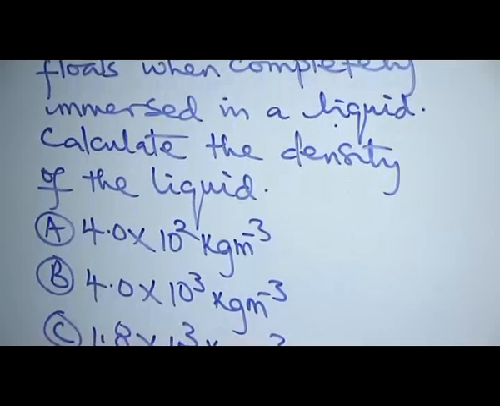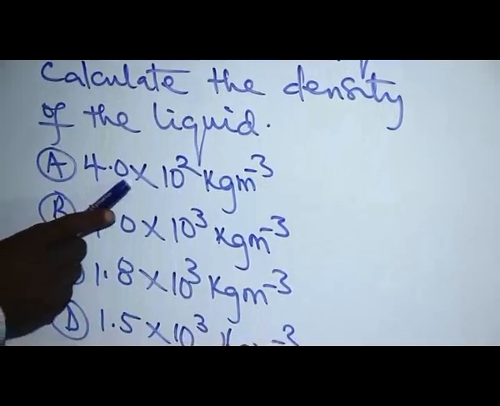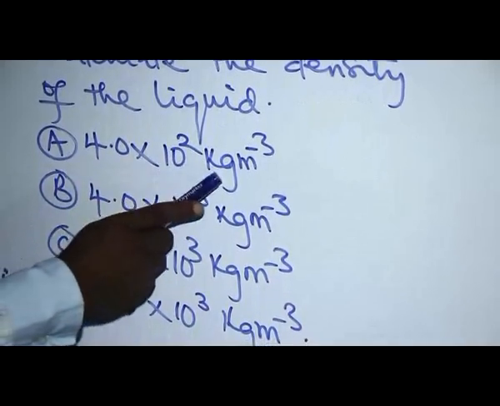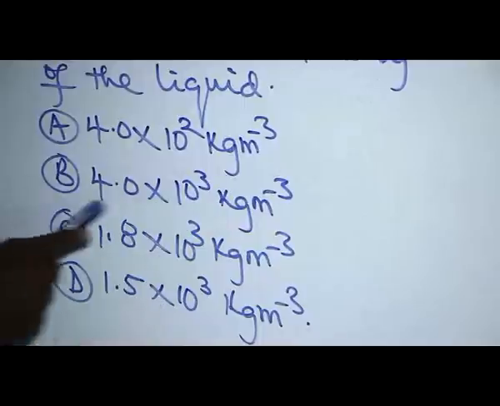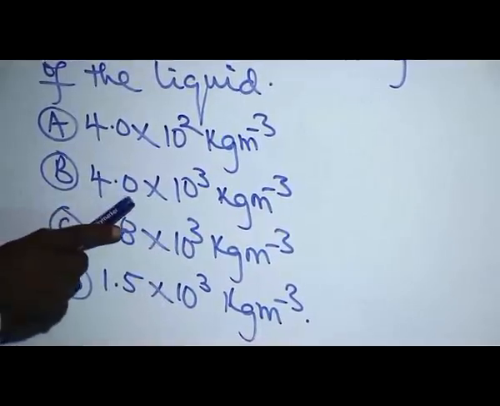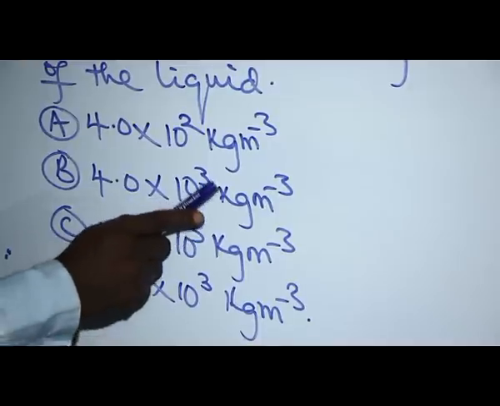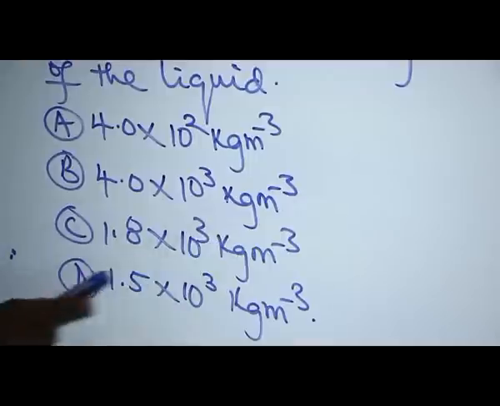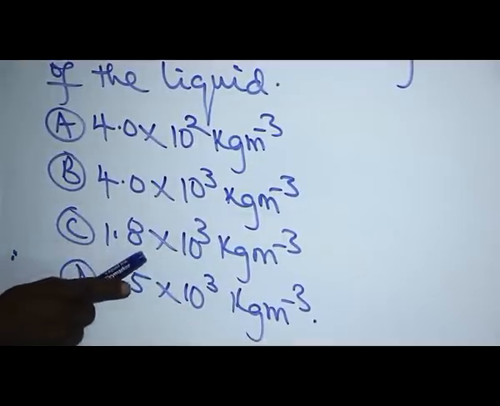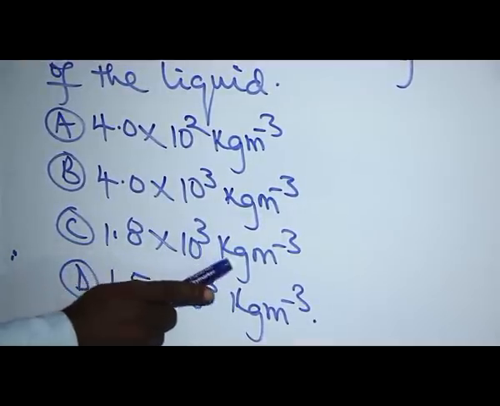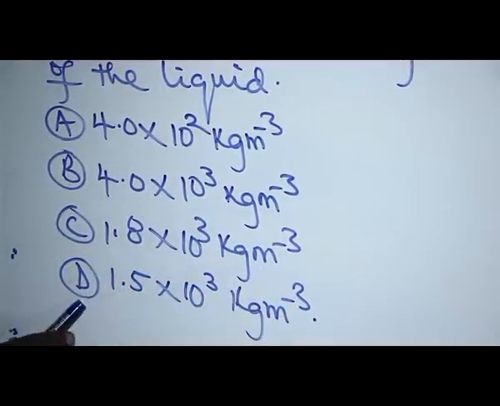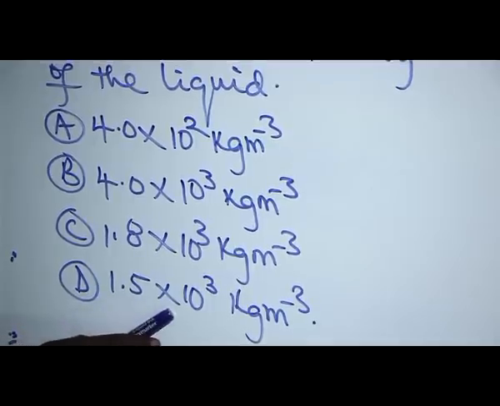The options are A, 4.0 times 10 raised to the power 2 kg per meter cube; B, 4.0 times 10 raised to the power 3 kg per meter cube; C, 1.8 times 10 raised to the power 3 kg per meter cube; and D, 1.5 times 10 raised to the power 3 kg per meter cube.